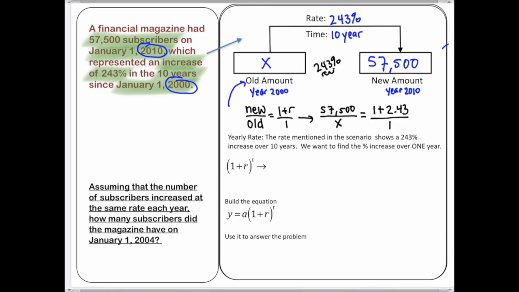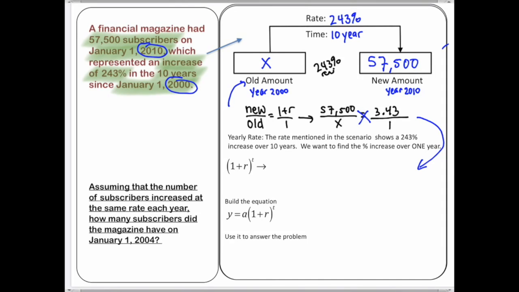Cleaning up that top is going to give me 3.43, okay? And again, it's an increase, so I'm adding it on there. It's not going down whatsoever. So I'm adding the 2.43 to the 1. All right. So now we do our cross multiplication like this. And I'm going to put this down below because I wrote big and I'll erase it out later.